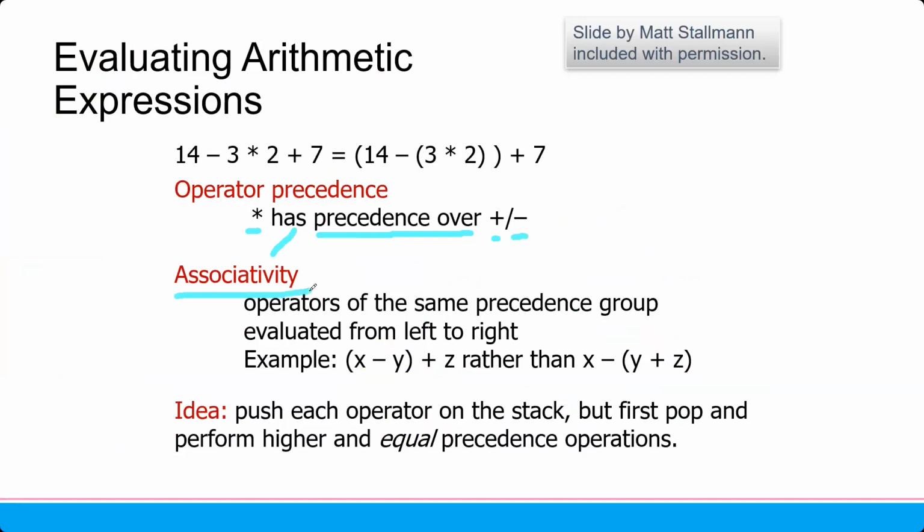And associativity means if you put brackets, then it has more priority than without brackets. So the idea is to push each operator on the stack, but first pop and perform higher and equal precedence operations.